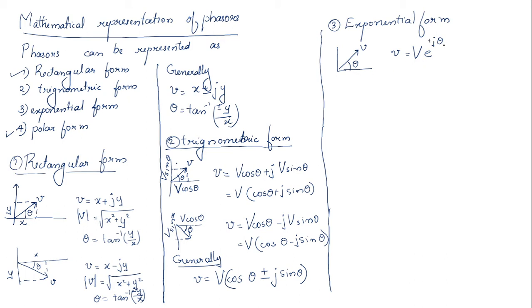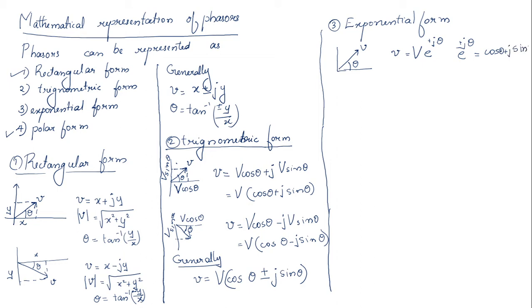Okay, this is actually derived from the trigonometric form itself, from the concept that e raised to j theta is cos theta plus j sin theta.